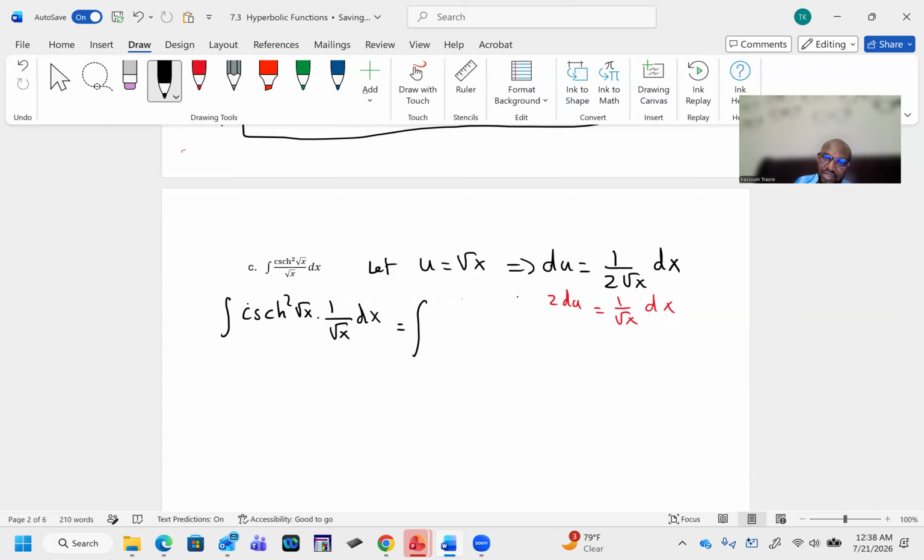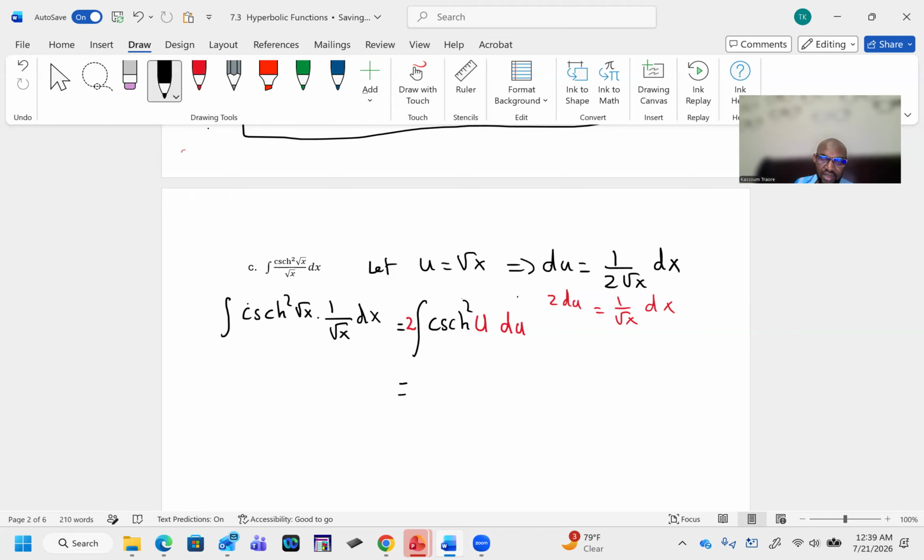So now doing my substitution, this is the same thing as the integral of hyperbolic cosecant squared of u. But 1 over square root of x dx is 2 du. So that's why we'll have a 2 right here outside the integral, and then du. So now we can find the antiderivative of this one.